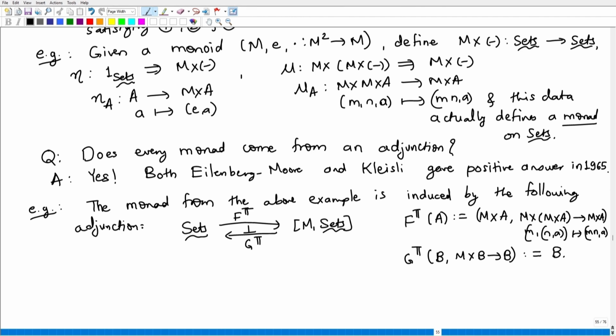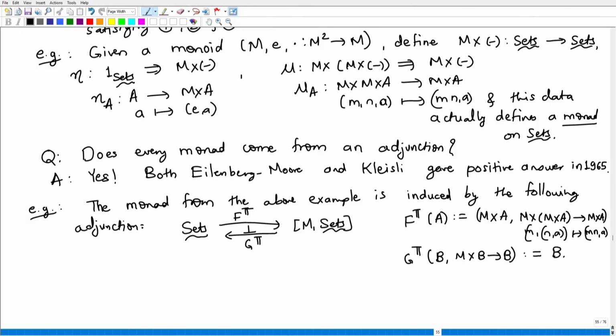The simplest possible thing is to see that given a set A, if you follow F upper T, then you get M cross A, and you come back, then you get M cross A because it's forgetful. So that agrees with what your functor was, T. Yeah, that functor was M cross blank. Yes? I did not understand.